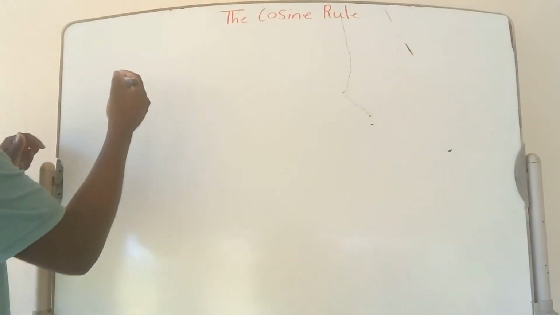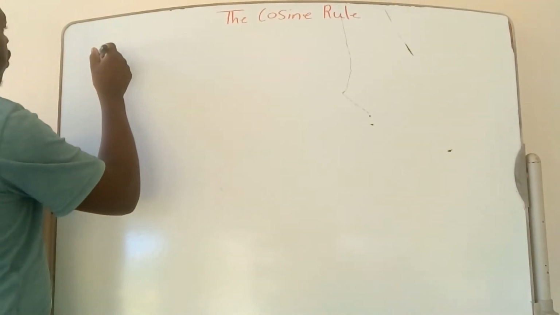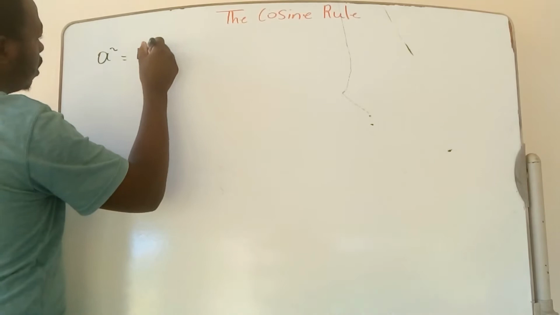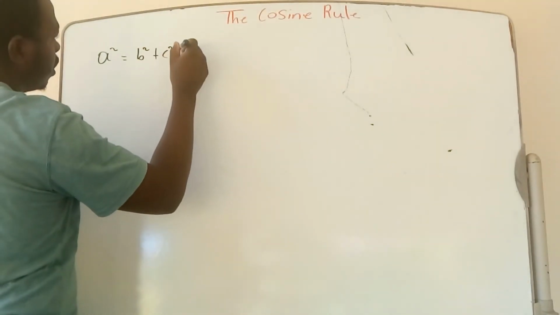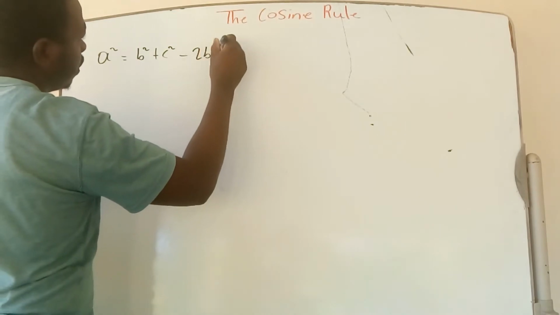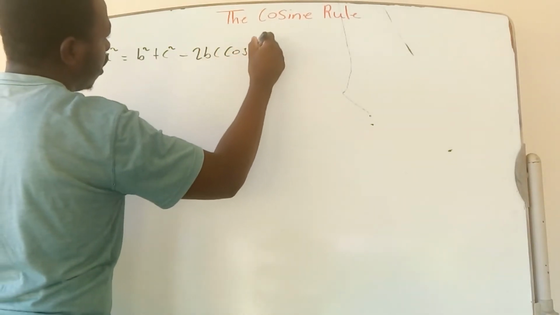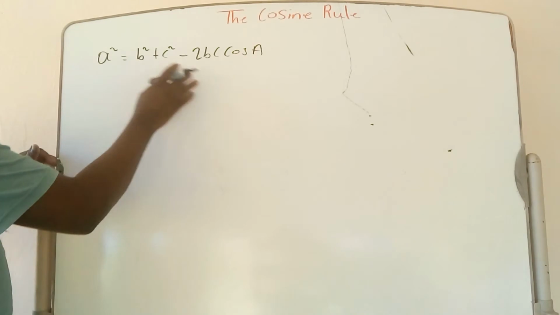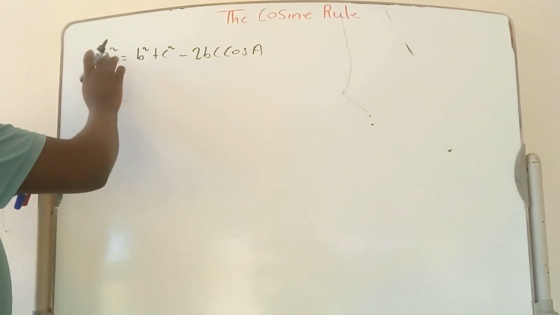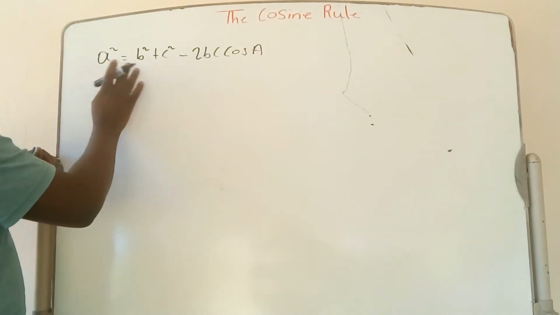Okay, so now we know that the cosine rule is a squared is equal to b squared plus c squared minus 2bc cos of a, right? And that's one version of the cosine rule. And this rule is used when you are calculating the length of a.